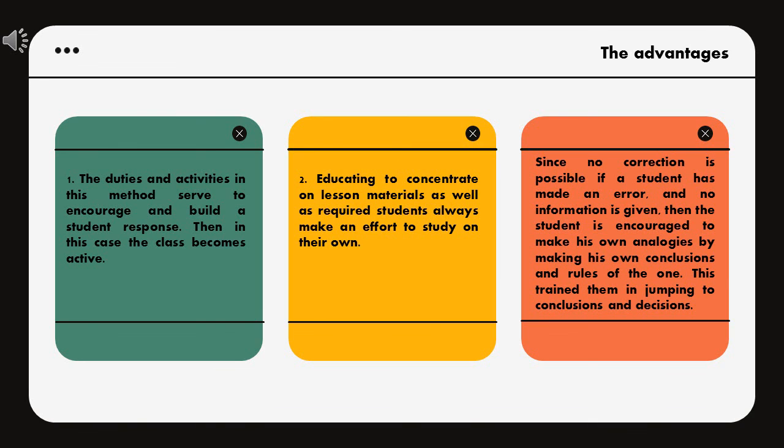Third, since no correction is given if a student has made an error and no information is given, the student is encouraged to make his own analogies by making his own conclusions and rules, training them in jumping to conclusions and decisions.